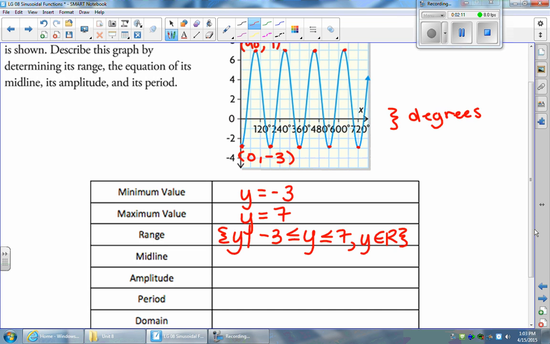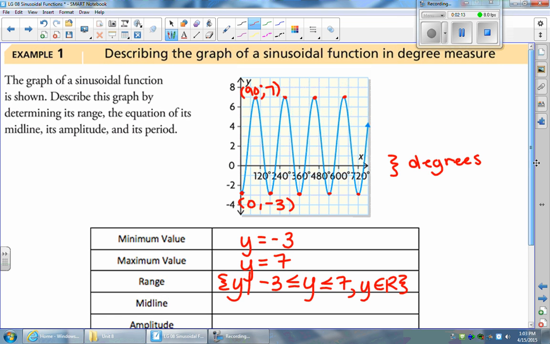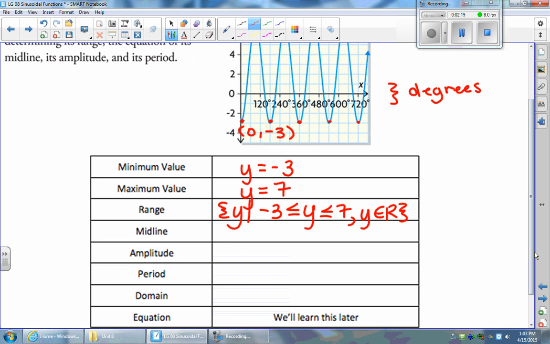Now the midline, there's two ways that you can determine the midline. You can use the formula that we talked about in the last lesson. So you could do y max plus y min divided by 2.